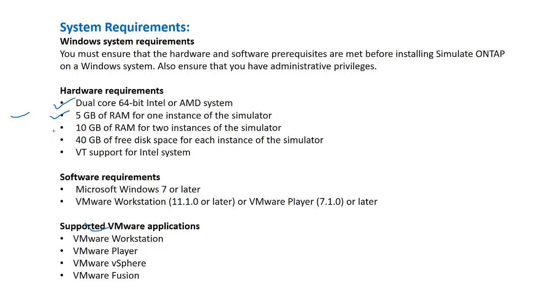If you are planning to install two simulators, two instances, then you need 10 GB, 40 GB hard disk space, and the processor should be virtualization technology supported. It can be installed on Windows 7 or later and VMware Workstation 11 or later. Apart from this, it will run on VMware Player or vSphere or VMware Fusion.